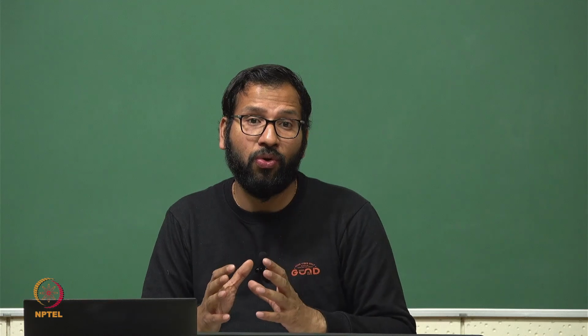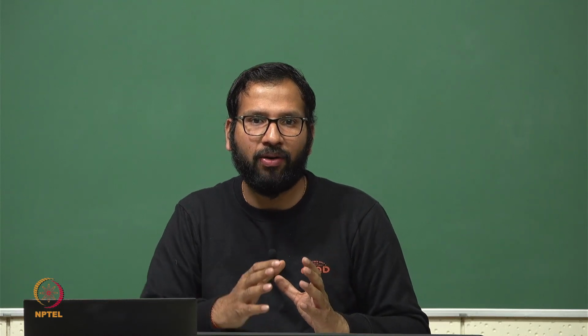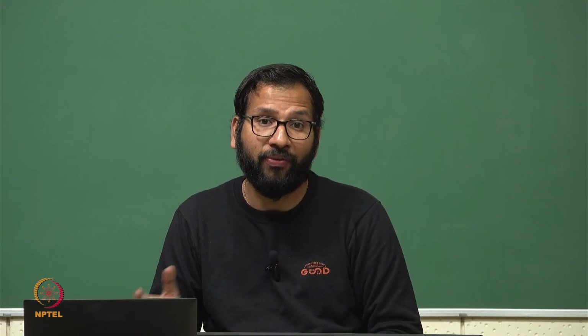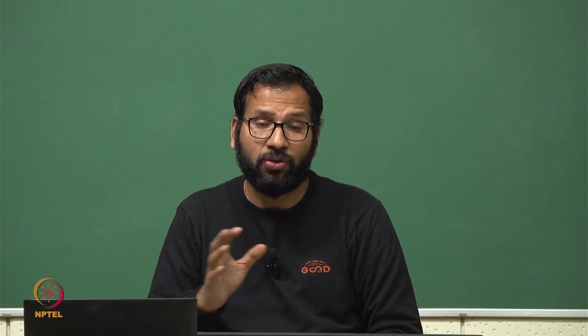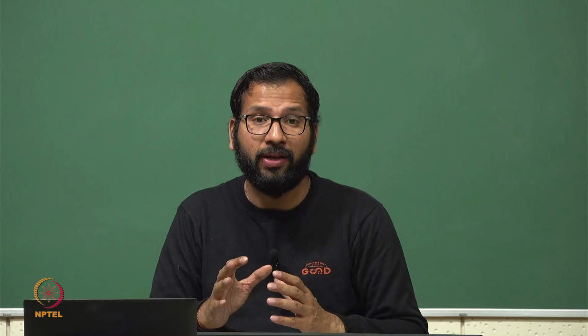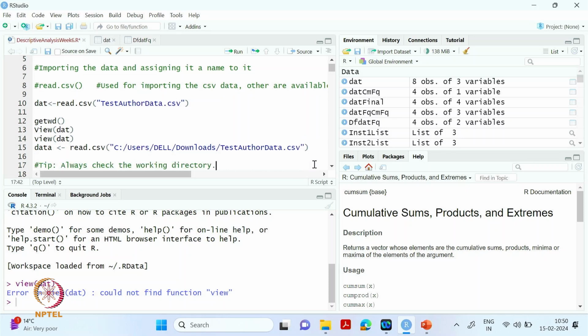So View with all uppercase, View with one uppercase letter, and view with all lowercase are three different words. So you have to take care that whenever you are calling the function, it should be the right function. Okay, then we have imported the data with the location.